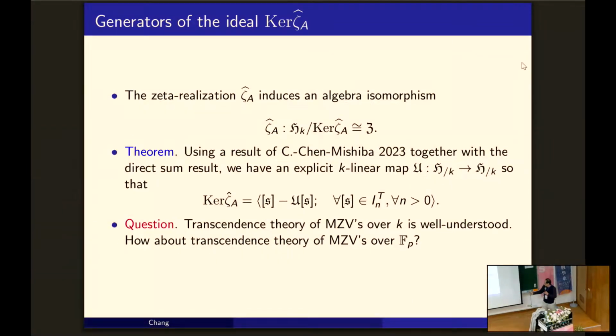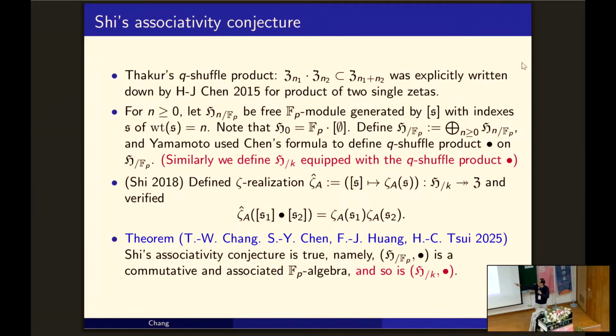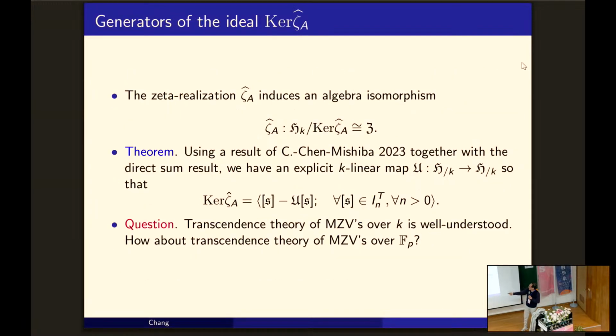Because this map is surjective, and both are commutative associative algebras, and we have the algebra homomorphism, by the first isomorphism theorem, you quotient by the kernel, then we have this isomorphism, right? So how to characterize this kernel? This is now a result due to the associativity.